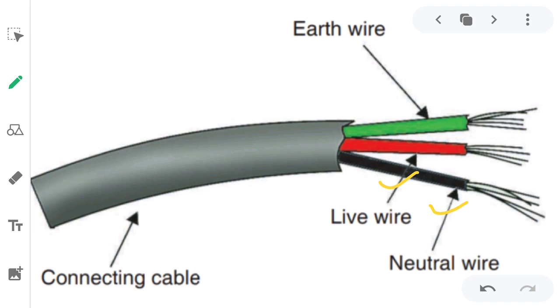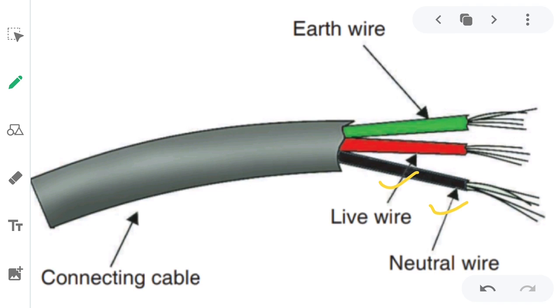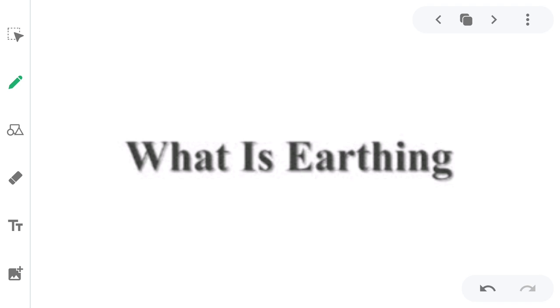Then we come to the third point, earthing. So what is earthing? Why do we need that third wire, the green one? Okay. Why do we need this green wire or earthing? What is the requirement of that? So we use this wire just to avoid the risk of shock.